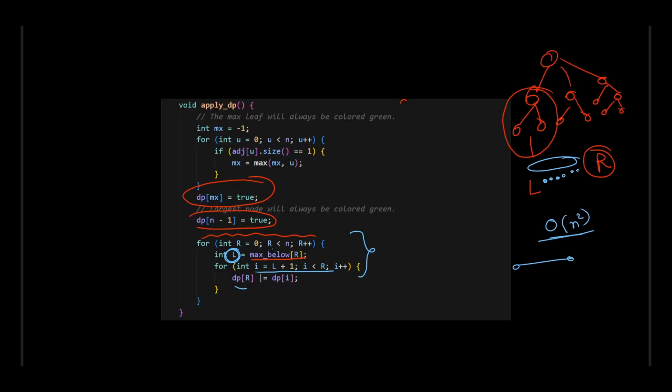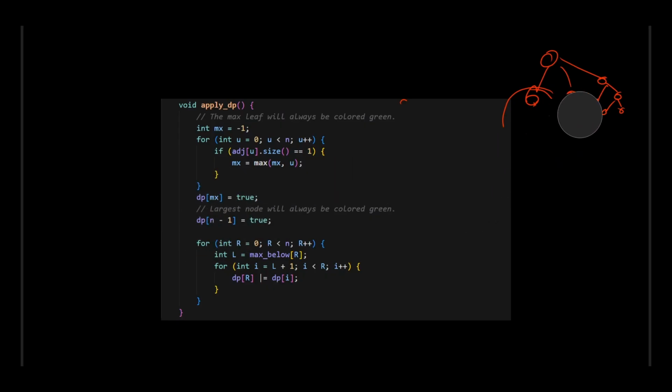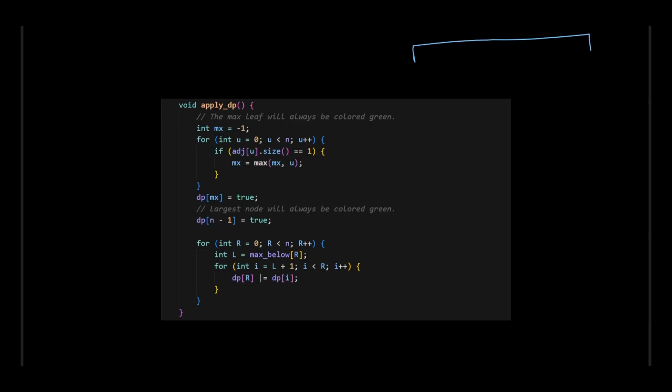So how do you convert it to O of n? This is a very simple optimization that you can do, because if you represent this boolean as zeros and ones, if this is your DP array, you can notice that you are computing this DP array. This is 0, 1, 2, 3, 4, 5, 6, 7, 8. For this DP of 5, your max below will of course be strictly less than 5.